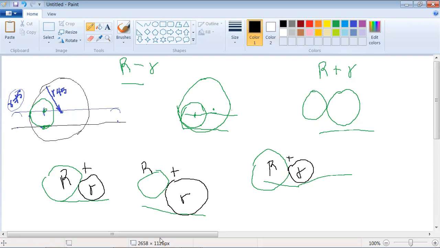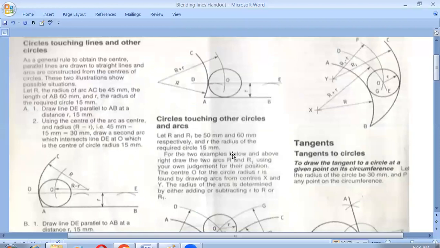Let's go back to the example in the book, explaining this. If you want to put a tangent line from here to here, tangent to this other circle, in this case we want an arc, or a circle. First, for the line AB, we have to reproduce it, same as the other technique.